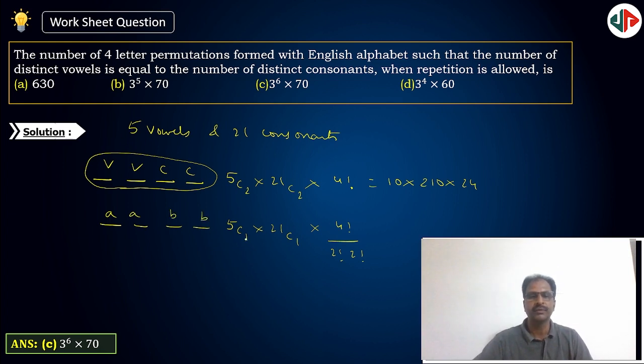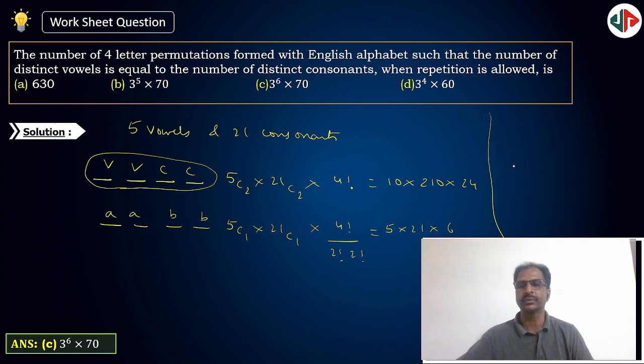Then you have 5C1 into 21C1 into 4 factorial by 2 factorial into 2 factorial. 5C1 is 5, this is 21, this is 24 by 4, 6. Add these two. So 10 into 210 into 24 plus 5 into 21 into 6.